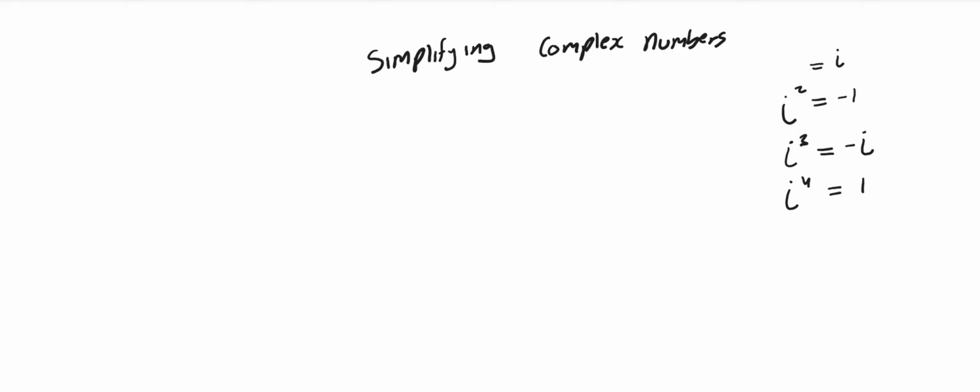And the last question would be i to the 43. And this is because we only did i to the 1 and i to the 0. So in this case, we'll say 43 divided by 4, and that would equal 10, remainder 3.